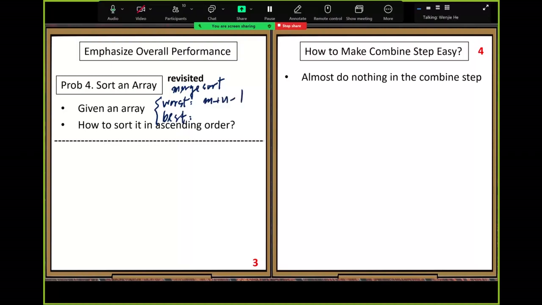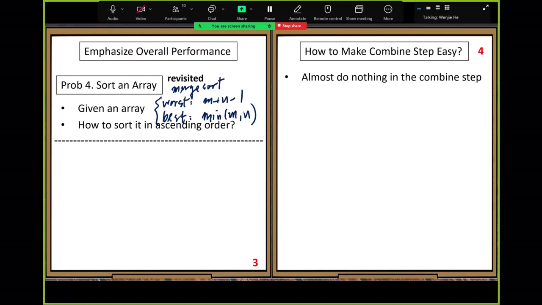Two ordered arrays, one has m elements, the second has n elements. In the worst case, you need to do this many comparisons, m plus n minus 1. The best case, you need to do the minimum of m and n comparisons. That's for the merge operation.